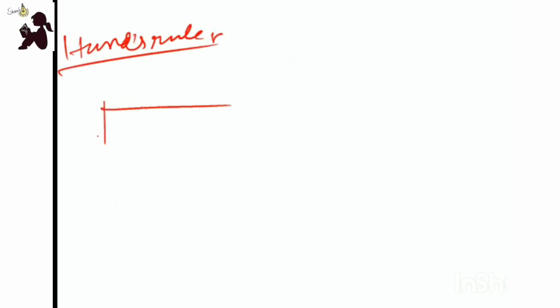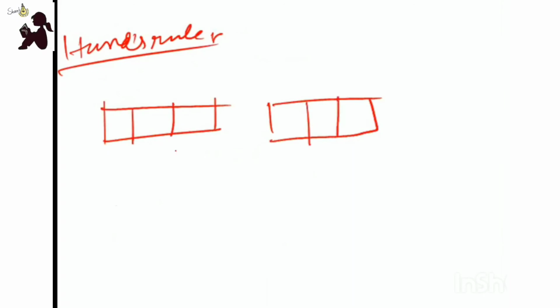Now we will discuss Hund's rule. What Hund said is that electrons in an orbital are first filled singly, then get paired. That means if we draw a p orbital, and it is filled like this and another is filled like this, which is correct?